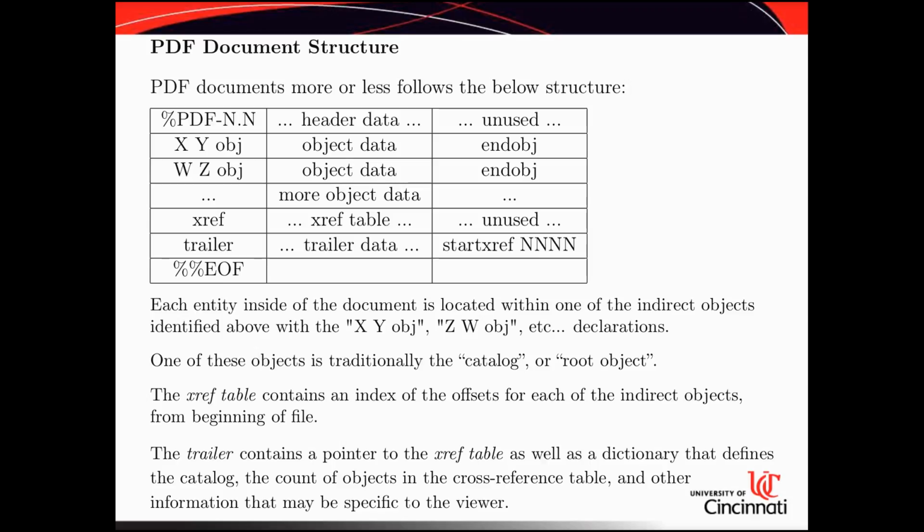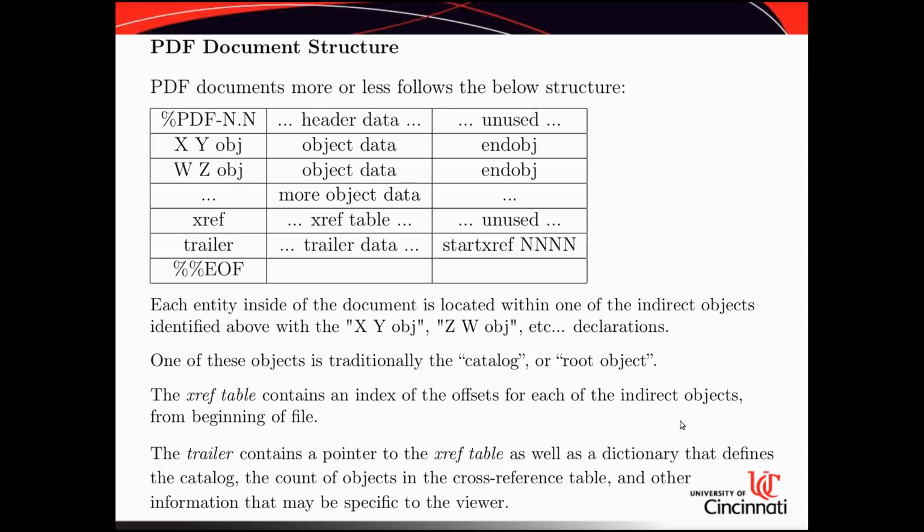So from the perspective of one approach to analyzing this document from the machine point of view, it would be to look for the header first, and then maybe it'll jump to the end of the file and work its way up until it finds the trailer, and then it uses the trailer to find out where the cross-reference table is and the dictionary and all this other stuff.